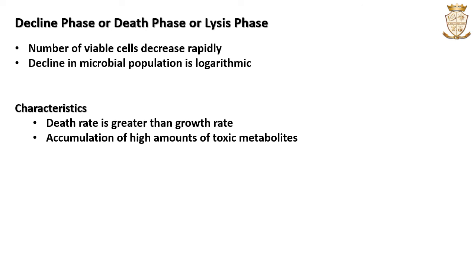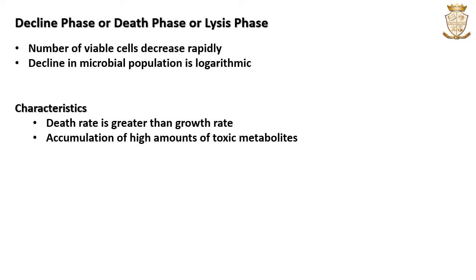The characteristic of the decline phase is that the death rate is greater than the growth rate, and it is due to this factor that the microbial population is getting reduced rapidly. The death rate is greater than the growth rate. And there will be accumulation of higher amounts of toxic metabolites.